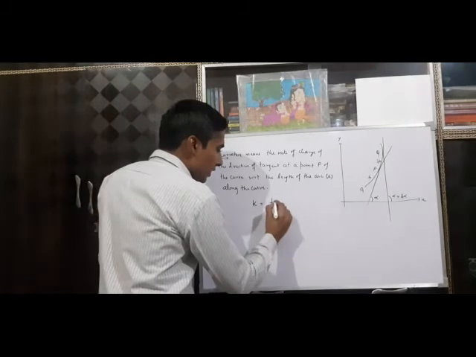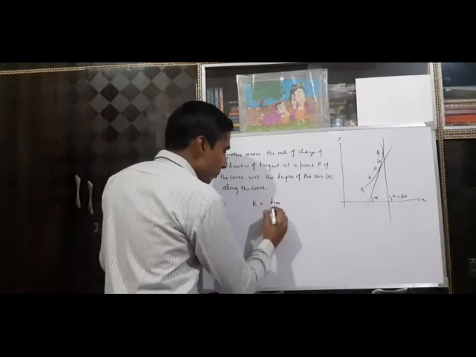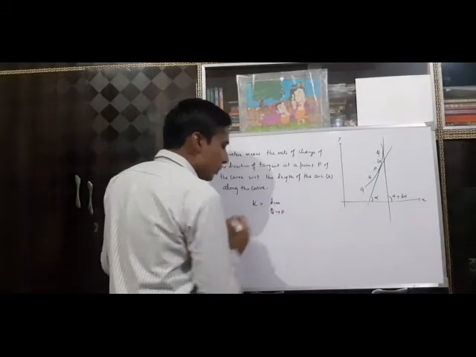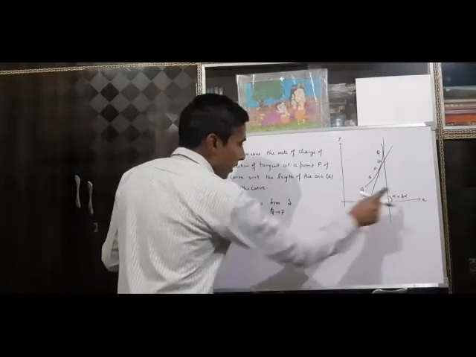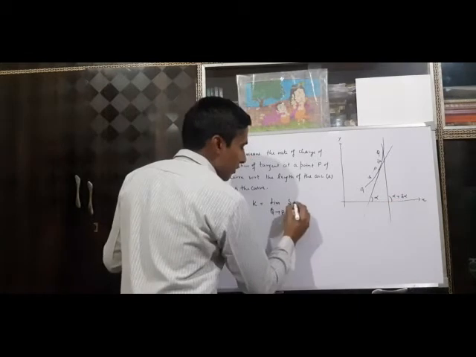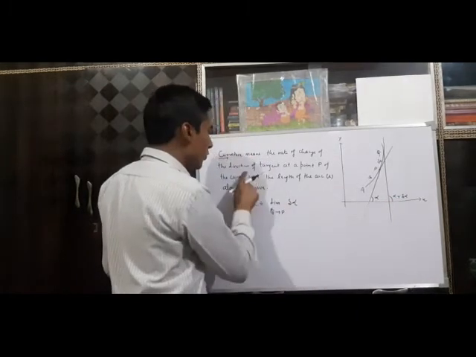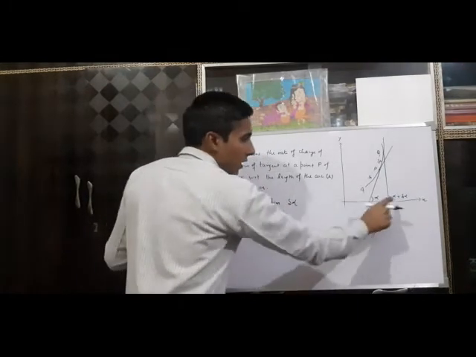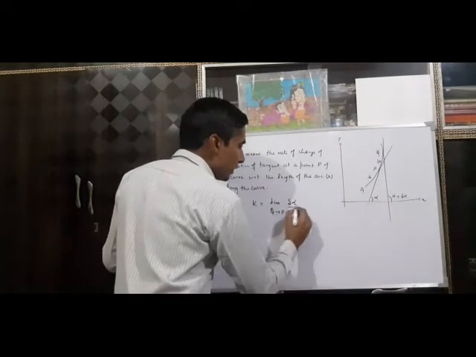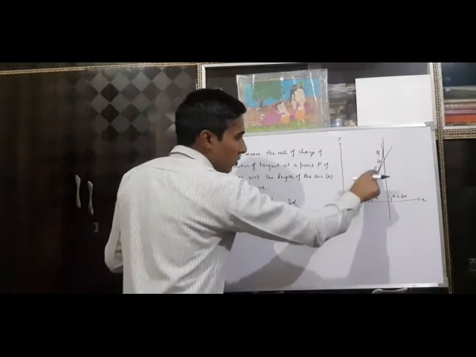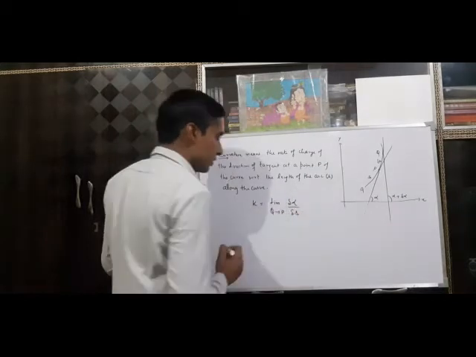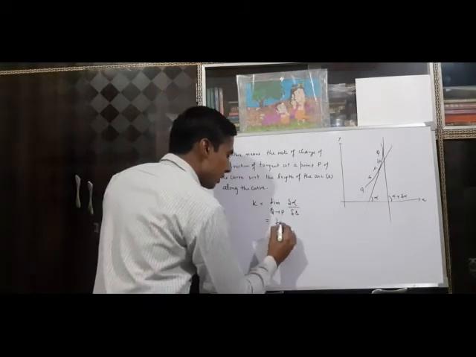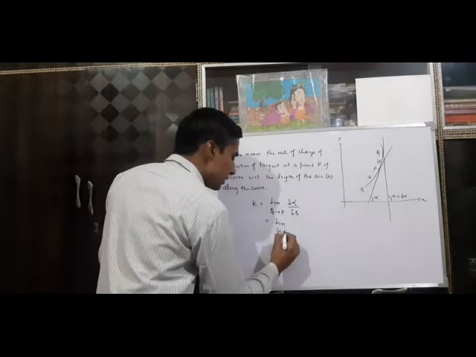Mathematically this is limit Q approaches to P and delta alpha means rate of change of the angle alpha with respect to the length of the arc. Q approaches to P means here delta S. This limit can be written as limit delta S tends to 0.